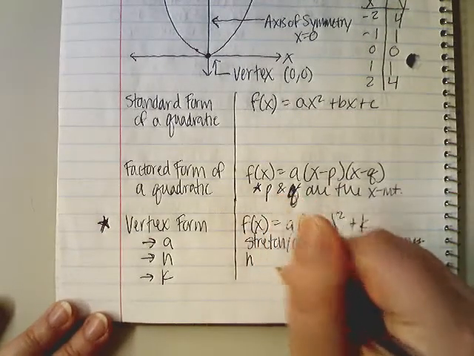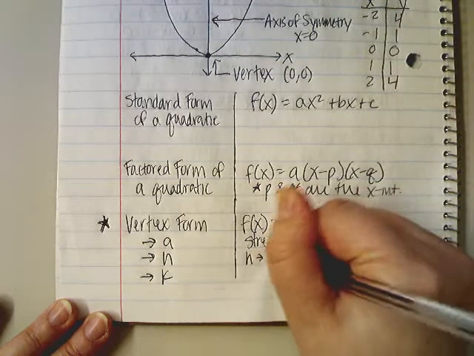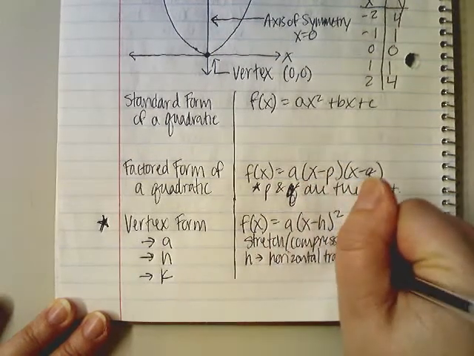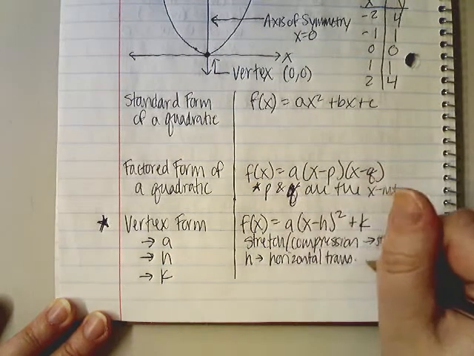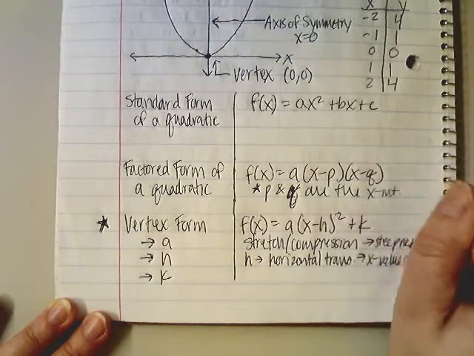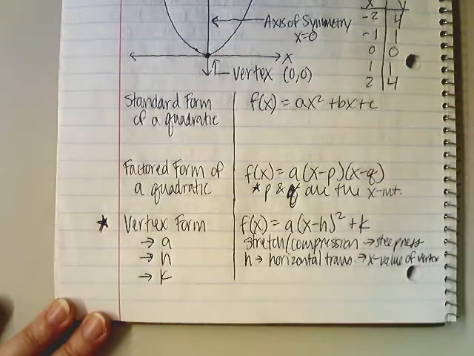H is going to tell us the horizontal translation, which is also the x value of the vertex.